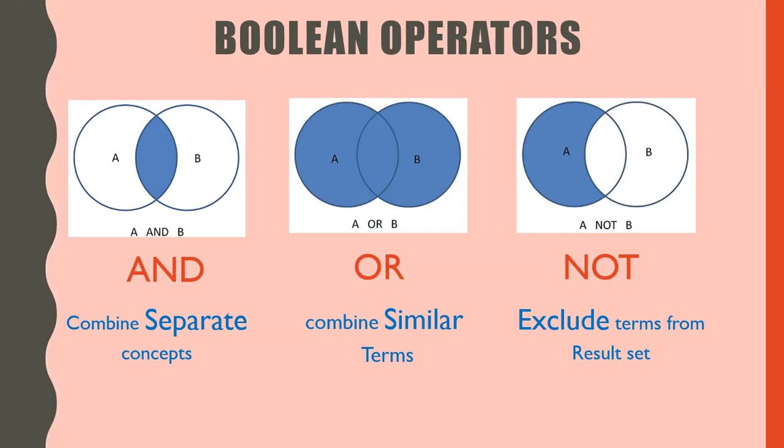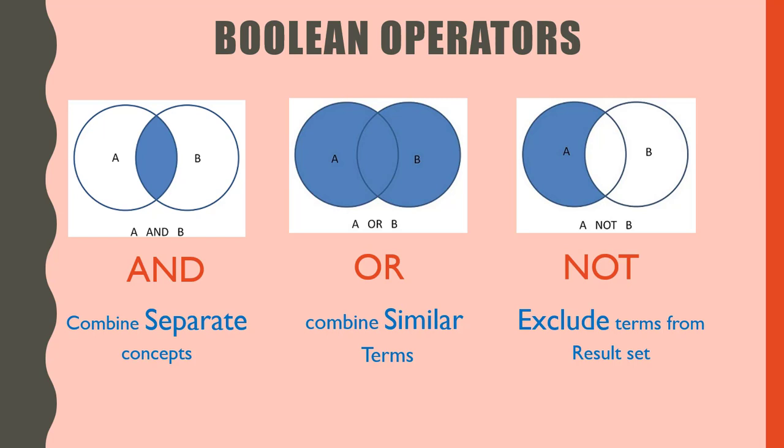Now, in order to combine terms to find articles in a database, you need to understand how Boolean operators work. And you might remember these from your days of algebra. There are 3 of them: and, or, and not. We use and to combine separate concepts.